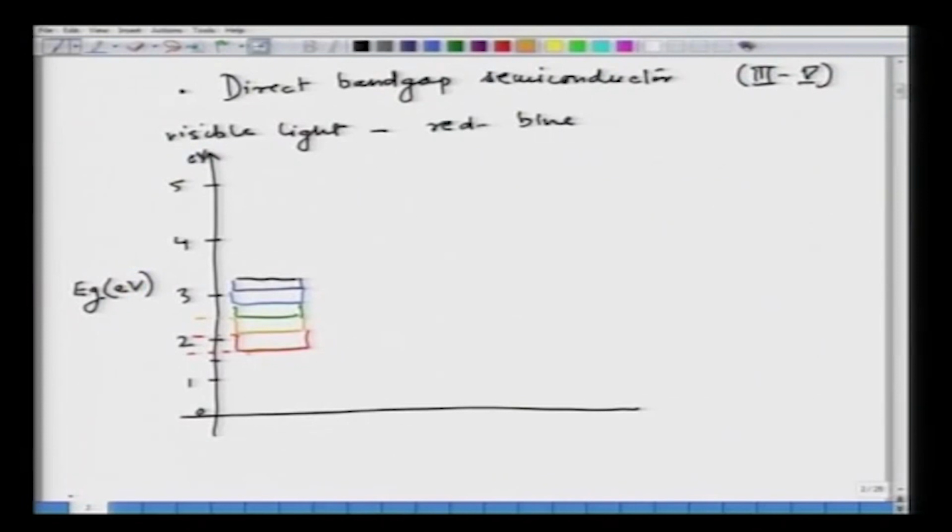If we look at the 3-5 semiconductors, they are an extremely interesting system, and if I plot their structure as a function of chemical bond length, which is given in angstrom, the chemical bond length goes all the way from 1.6 to 2.6 for these systems, and we have basically 3-5 which are arsenic based.